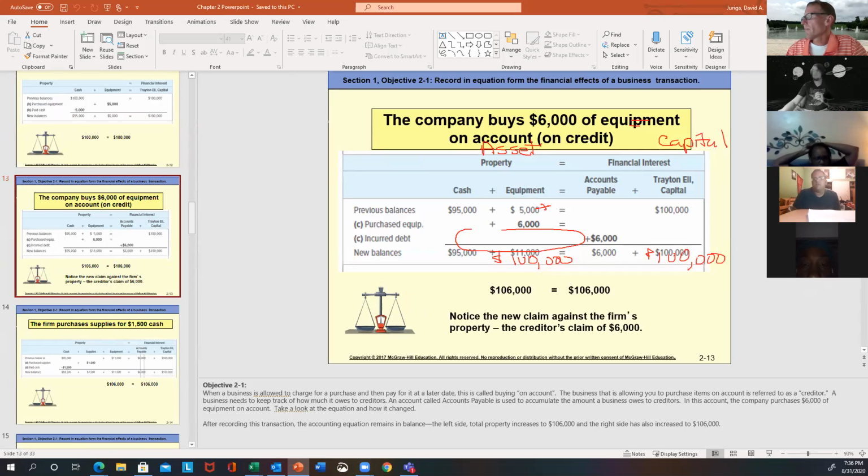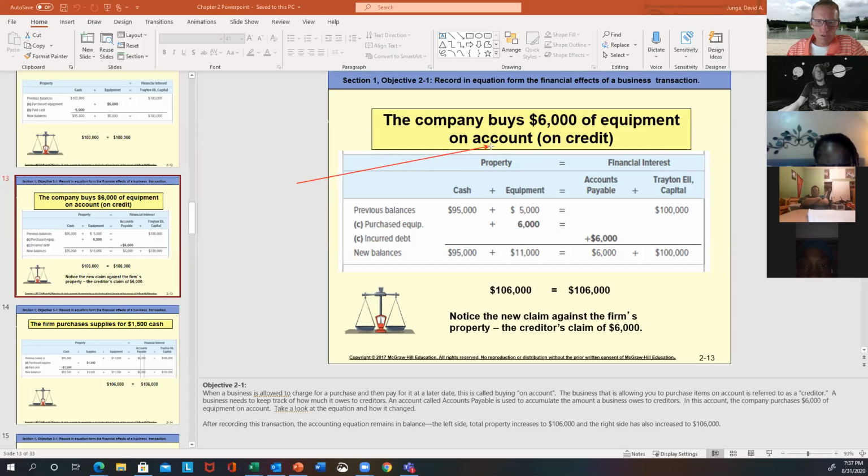So on this one, it says the company buys $6,000 of equipment on account or on credit. So that might be different when you're reading this. Everybody can read it, but you might say, what does that mean? If you buy something on account, it basically means you're not paying cash for it. It's like a short-term loan. So notice what happens is they're going to increase equipment.